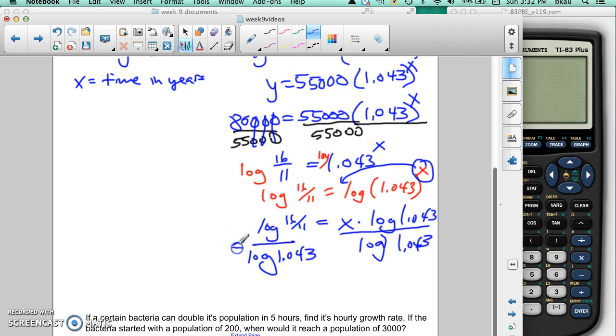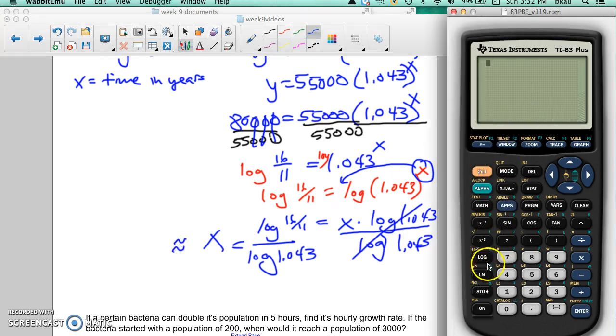And I'm going to get X, which is approximately, let's see what that is, log of 16 divided by 11, divided by log of 1.043. 8.9 years.